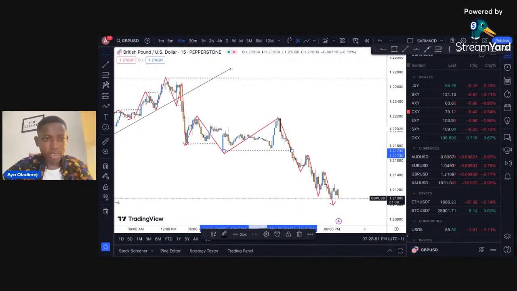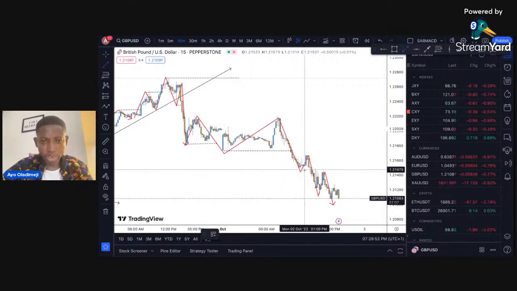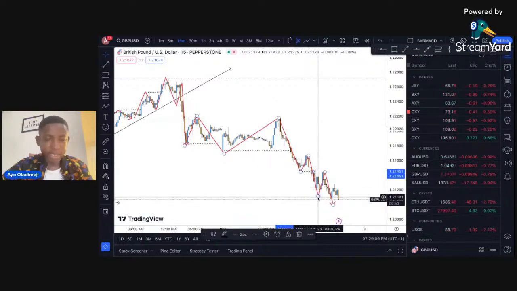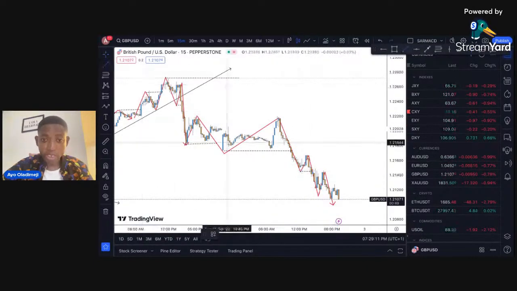And then it came down, it broke the low, and gave us a pullback, and gave us a higher low. Then we have a lower low here, which was broken. Okay, again, by this impulse leg, by this move here, and then we have what again?